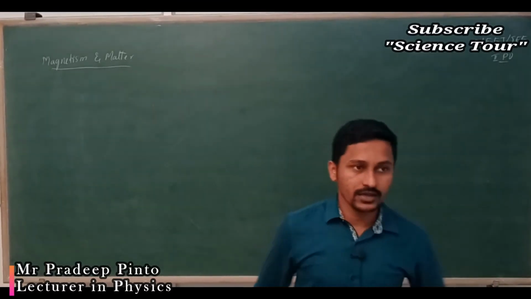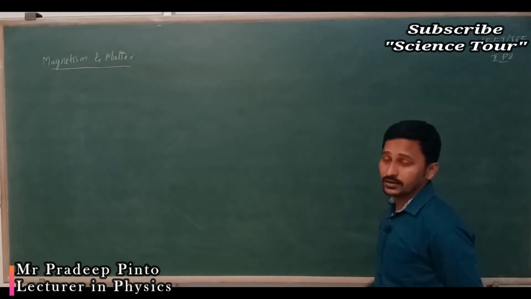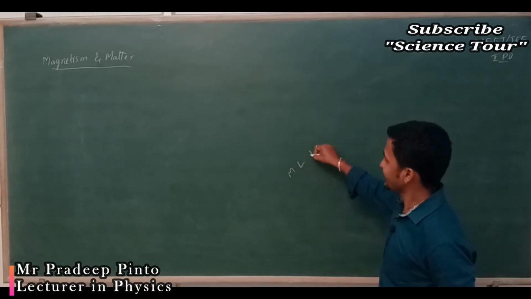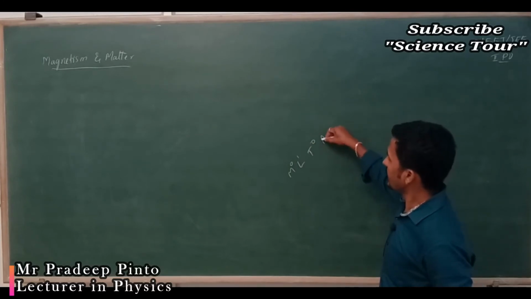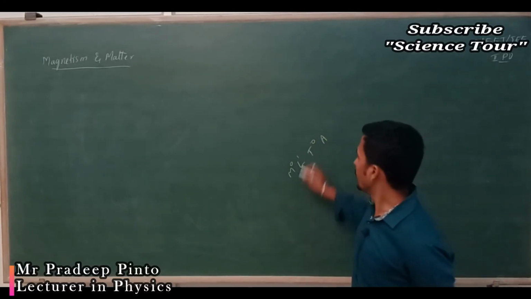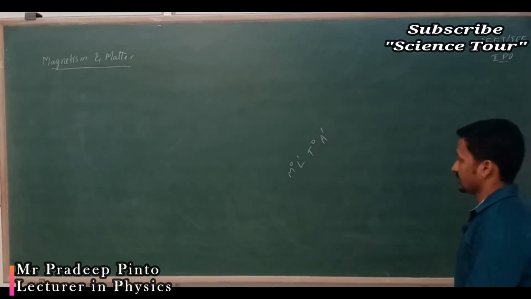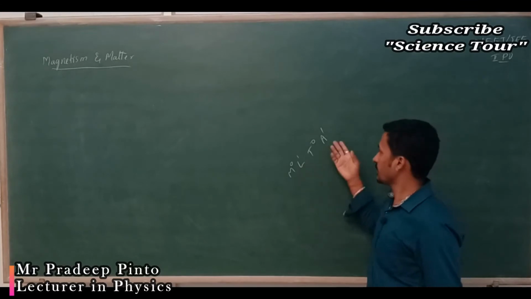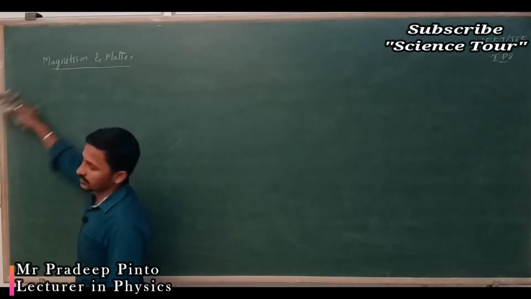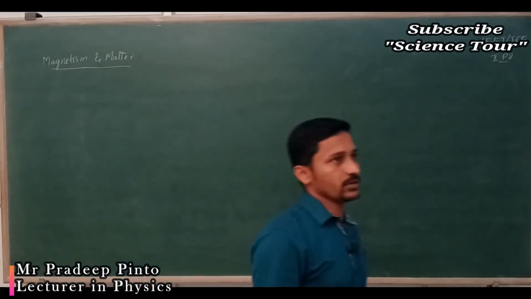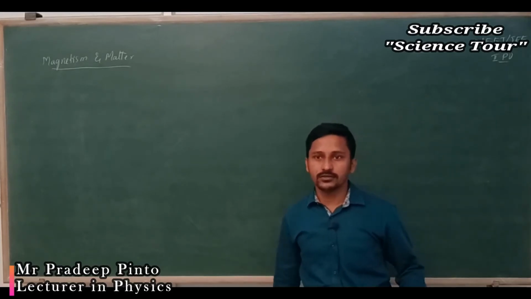Next, what is the dimensional formula? That is M0 L2 T0 A1, ampere meter squared. For any quantity they are going to ask the dimensional formula, and then pole strength likewise we can write down.